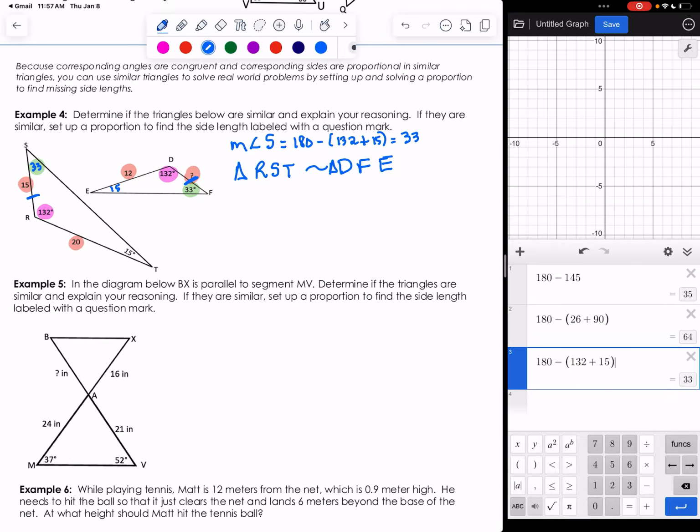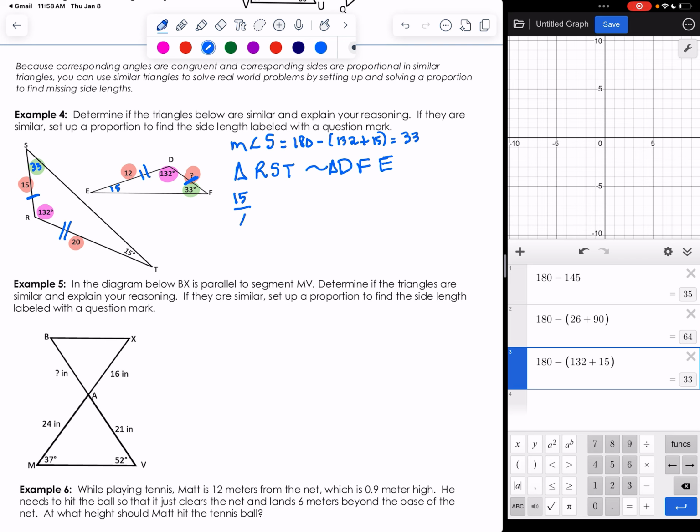Then I'm going to put the side across from the 33 degrees, I'll put 2 slashes there. And on the second triangle, the side across from 33 degrees is the 12, so I'll put 2 slashes there. So when you make your proportion, make sure you use corresponding sides. If I start with the big triangle, I would say 15 is to, and then you look, where do you have 1 slash?